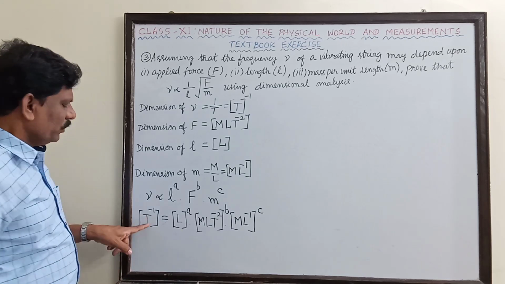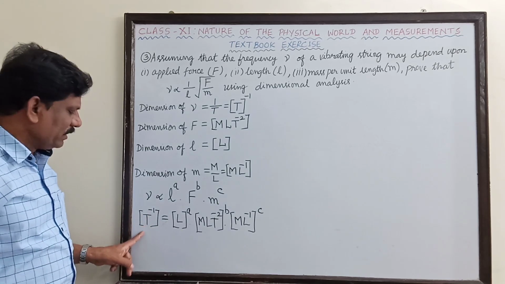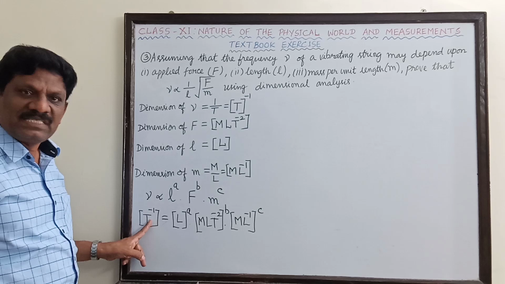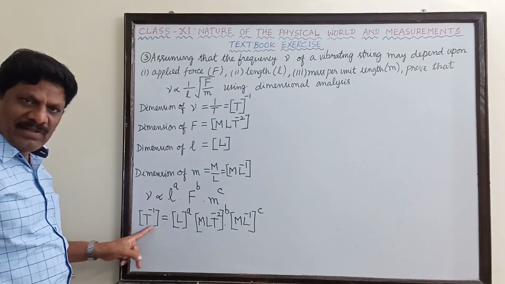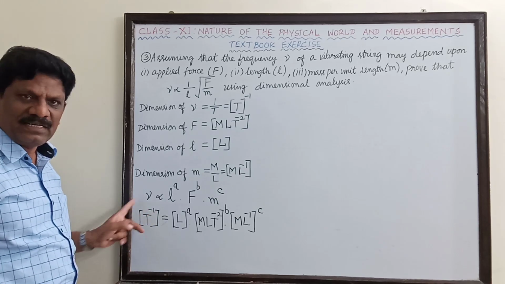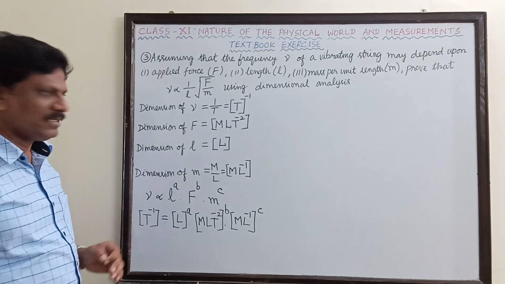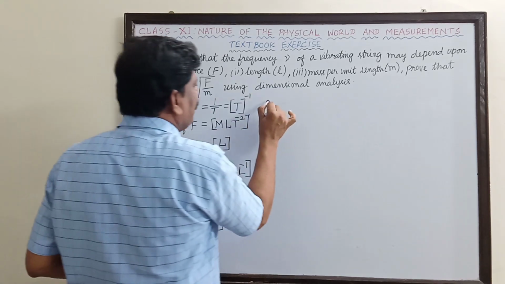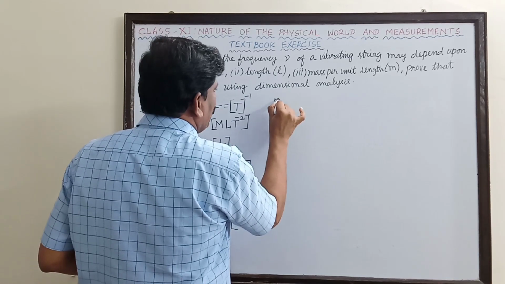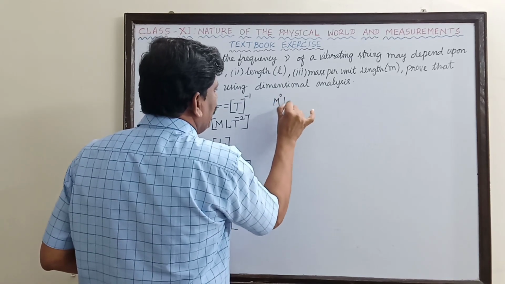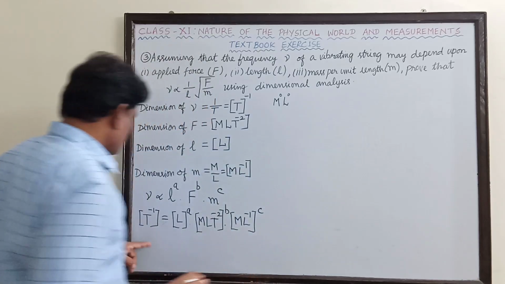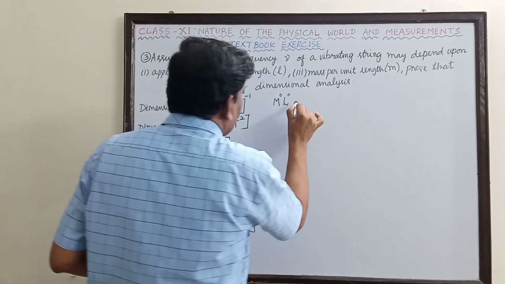Now look at the left hand side, here this is the time. There is no mass factor and length factor, but I can write them as powers of 0 also. So on the left hand side I can write M raised to the power 0, L raised to the power 0, T raised to the power minus 1.